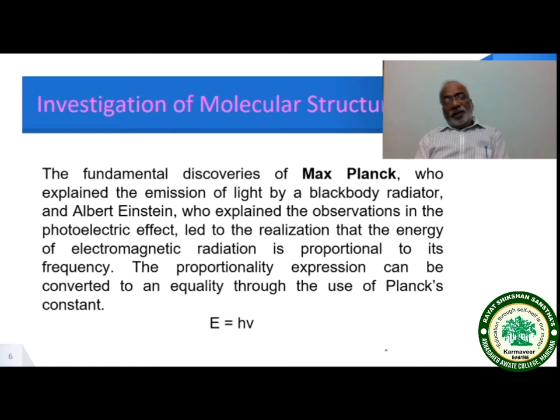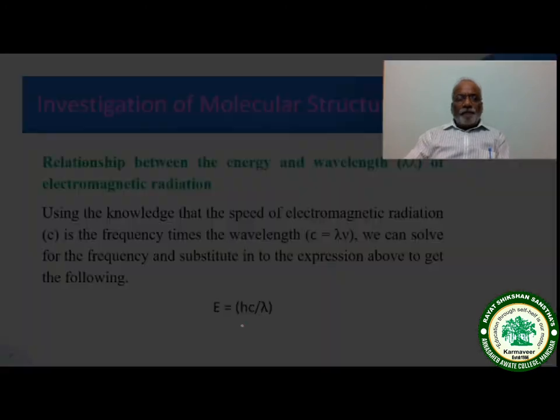If the frequency of the radiations is greater, the energy associated with the electromagnetic radiations is also greater. And here h is the universal Planck's constant, given by E is equal to h nu. You may also call this the proportionality constant here.